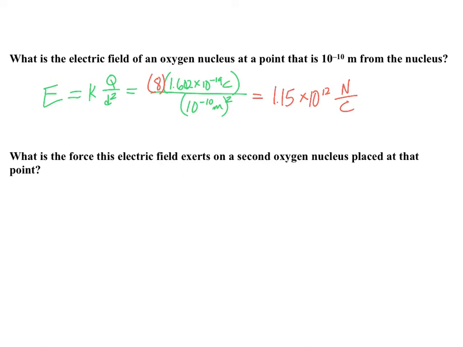What is the force this electric field exerts on a second oxygen nucleus placed at that point? Okay, so the force, again, is just going to be charge times the field. And we're going to have 8 times that fundamental charge, and the field we just solved for.